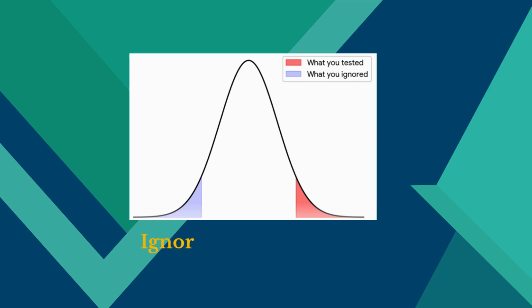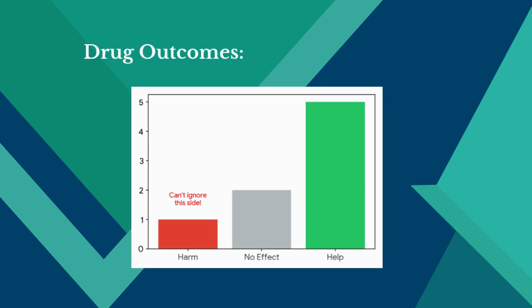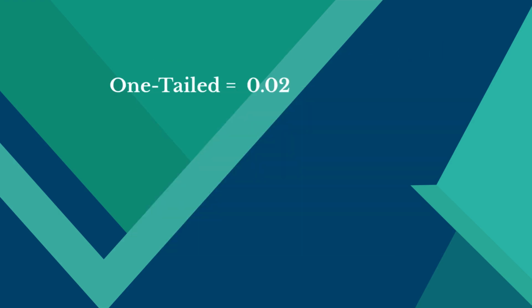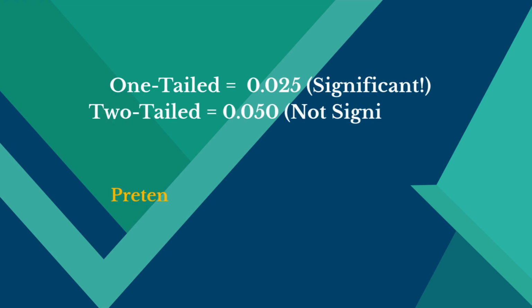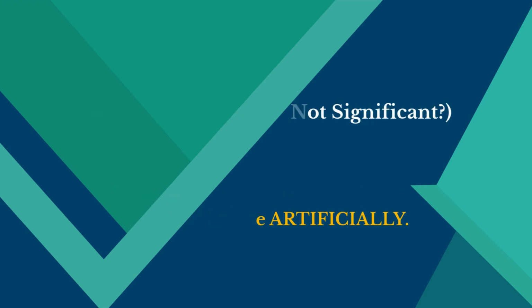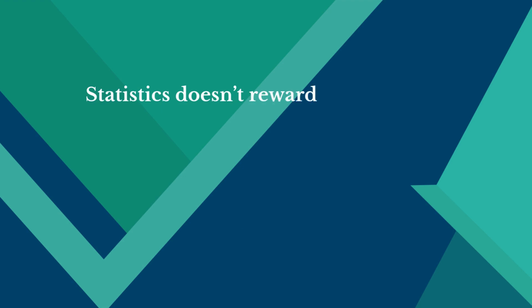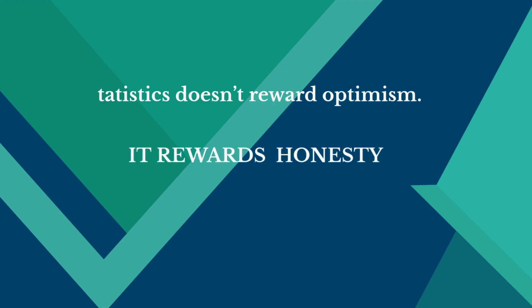Another common mistake is using a one-tailed test when the opposite outcome would actually matter. For example, claiming a drug only helps when harm is possible. Claiming performance can only increase when failure is realistic. This artificially boosts significance by pretending one side of reality doesn't exist. Statistics doesn't reward optimism, it rewards honesty.